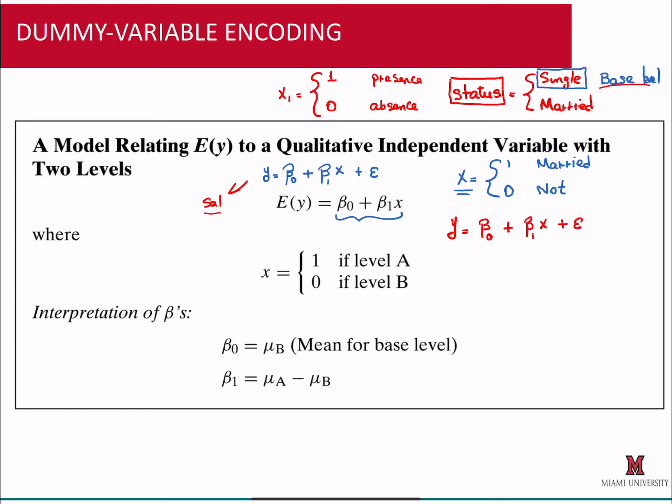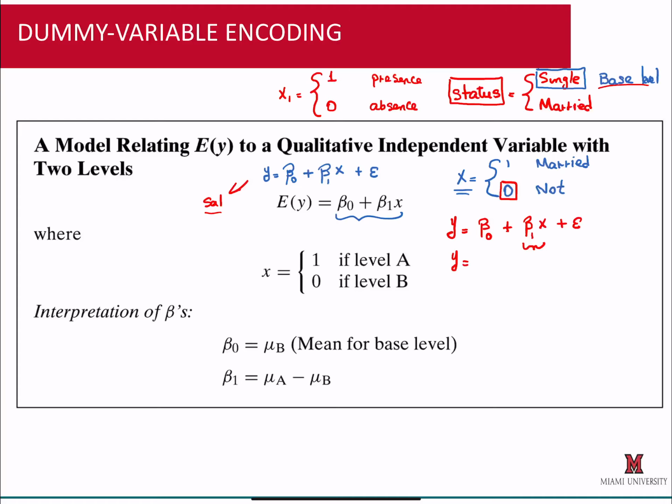Now, we know that if the individual is single, the x variable will be equal to 0. So this becomes beta 0 plus beta 1 times 0, and that term goes away. We are left with y is equal to beta 0. In other words, the expected value of y in that case is beta 0.